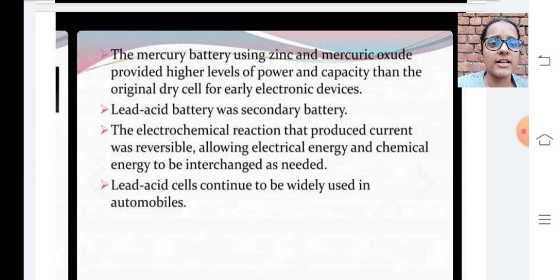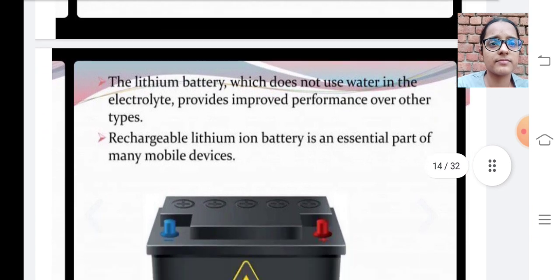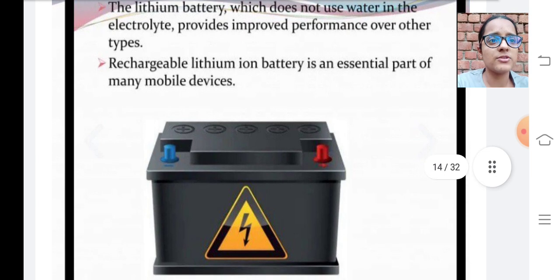Lead acid cells continue to be widely used in automobiles. The lithium battery, which does not use water in the electrolyte, provides improved performance over other types. The rechargeable lithium-ion battery is an essential part of many mobile devices.